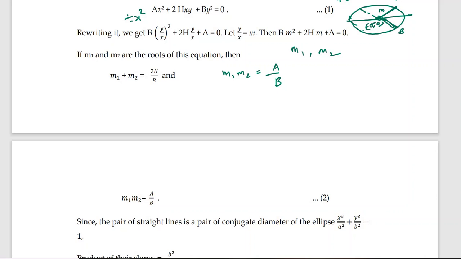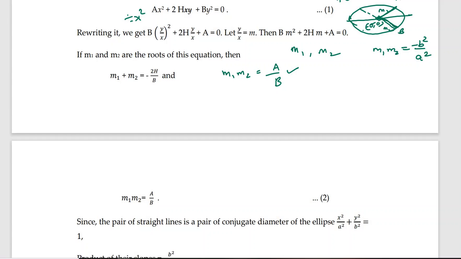If we have the slope of this to be say m1 and slope of this to be m2, then we know very well that m1 m2 is minus b square by a square. Condition for two diameters to be conjugate is that product of the slopes is minus b square by a square. So we have m1 m2 already to be a by b, and now that we have m1 m2 to be minus b square by a square.